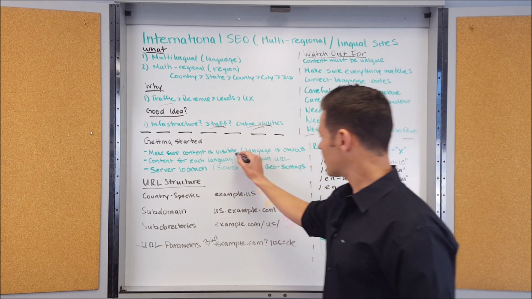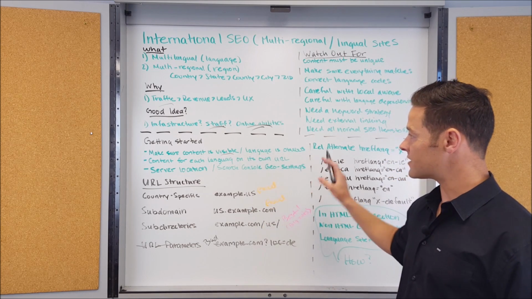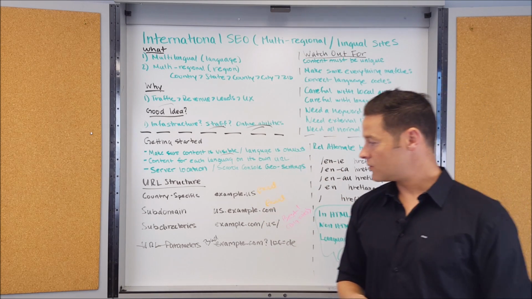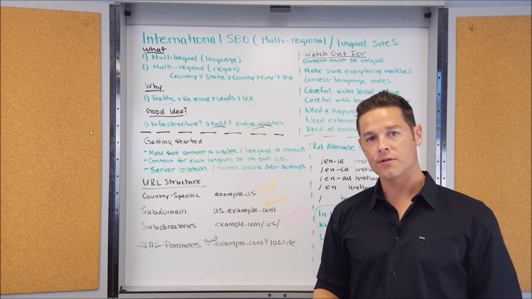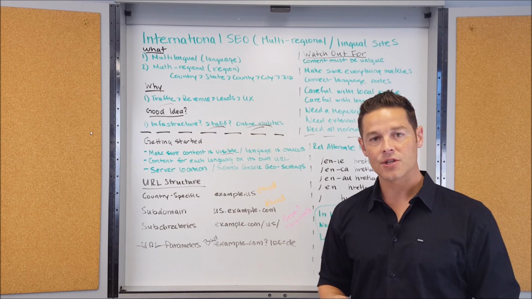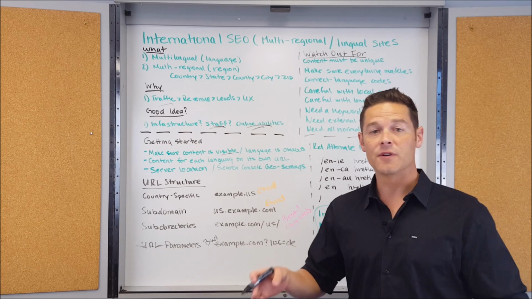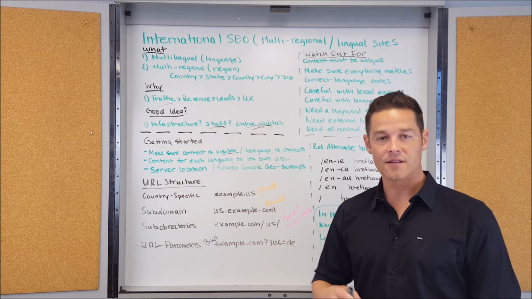So first thing, you want to make sure that the content is visible on the page and the language is obvious, right? So just like there's cloaking in normal search engine optimization, there can be the same type of thing for international. What people have tried to do is hide content to get it ranked in different versions of Google in different language versions.